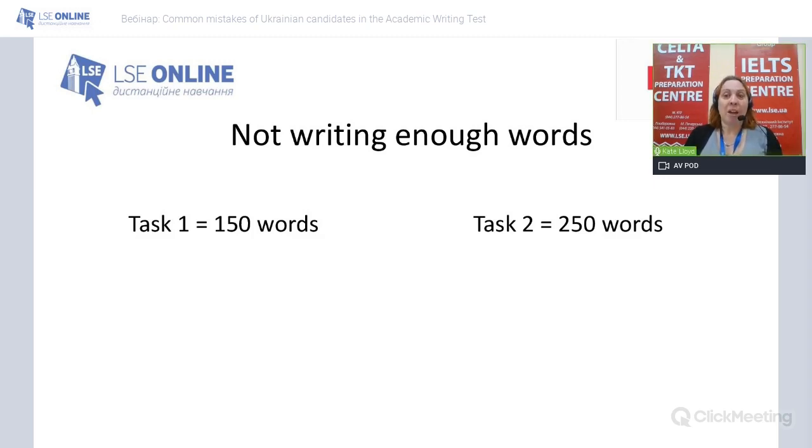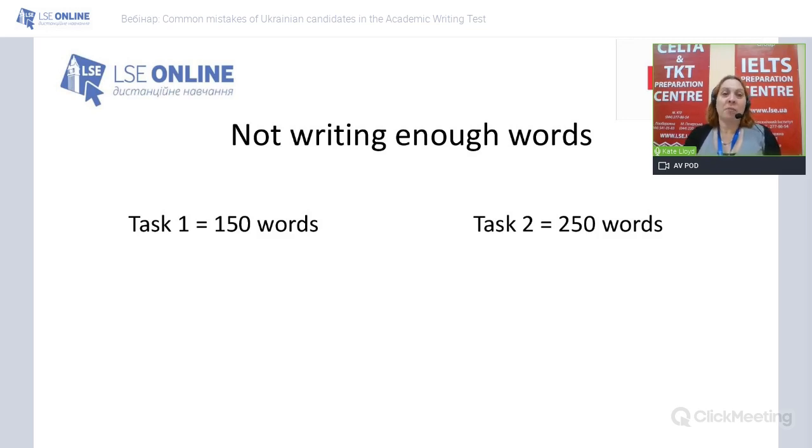You have to write at least 150 words for task 1 and at least 250 words for task 2. You have to write this or over. There's no problem if you write more. You can write 350, 400 words if you can write that in the time. That's not a problem. The problem is writing too little.